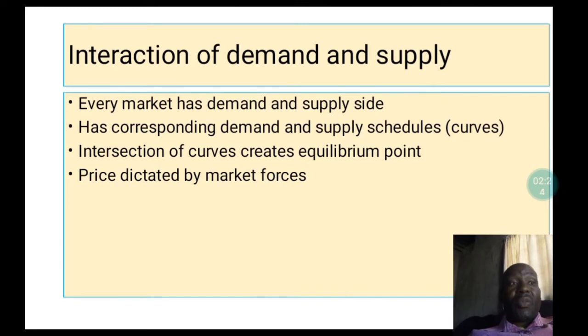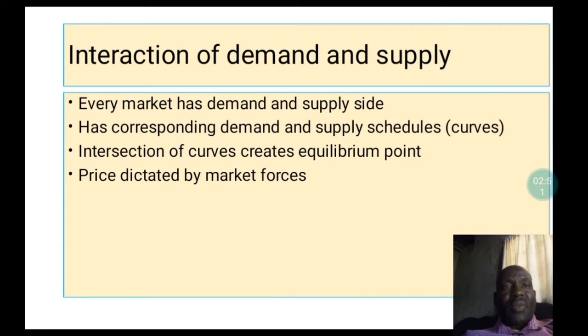Of course, we know that in a schedule, you're going to have the data or the information that you need on the prices in the market of a particular good, and then the quantities that are demanded at each particular price, okay? So with the information that you have, you can plot the demand and supply curves.